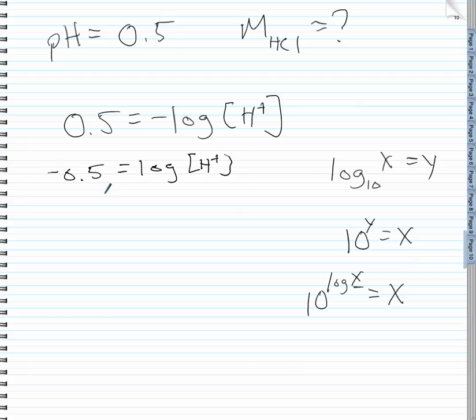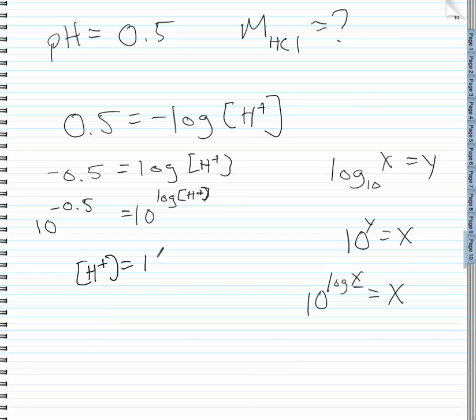But then to fully isolate H+, we take 10 to the log of H+, which will give us H+. And what we do to one side, we need to do to the other. So on this side, 10 to the negative 0.5. In doing that, our H+ concentration is going to be equal to 10 to the negative 0.5.